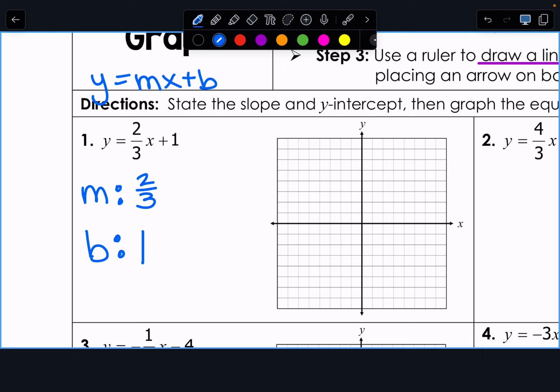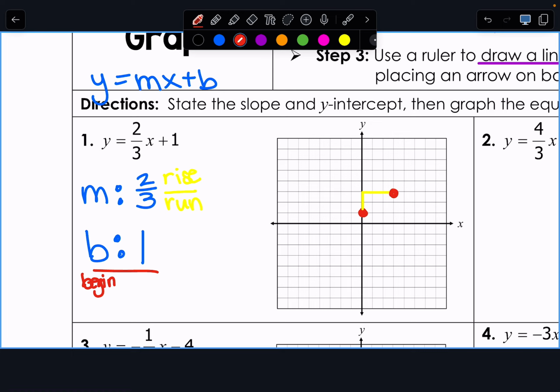Okay, so where do we begin? We begin with our y-intercept of 1. This is where we begin. So we're going to begin on the y-axis at 1. Remember, our slope is rise over run. So I'm going to rise 2 and run 3.